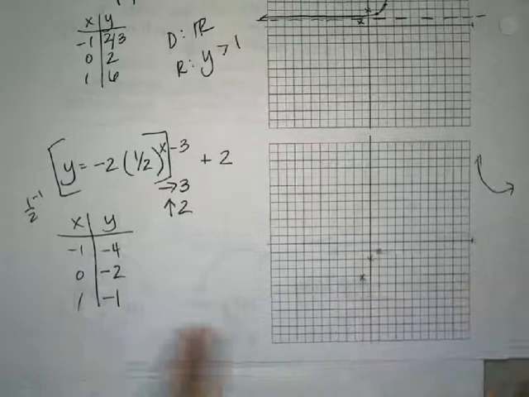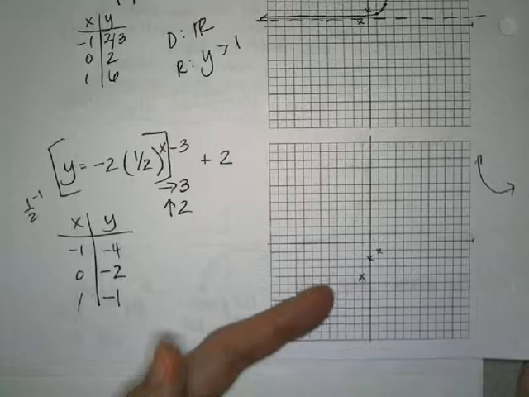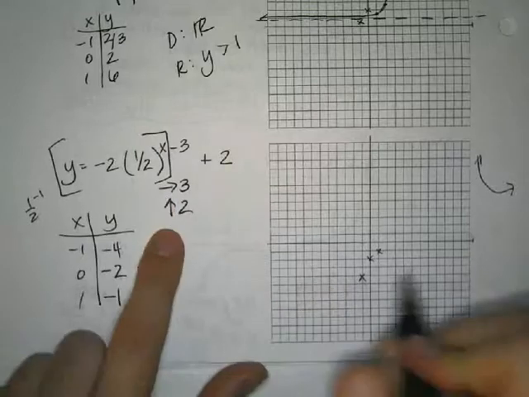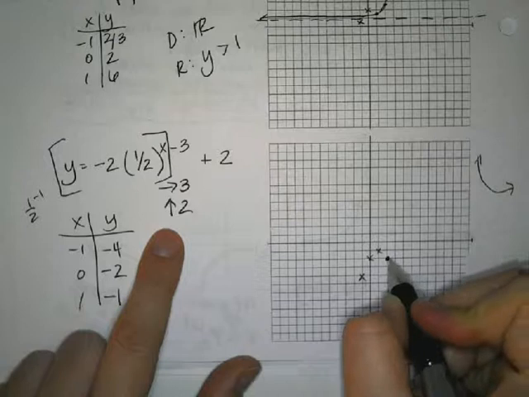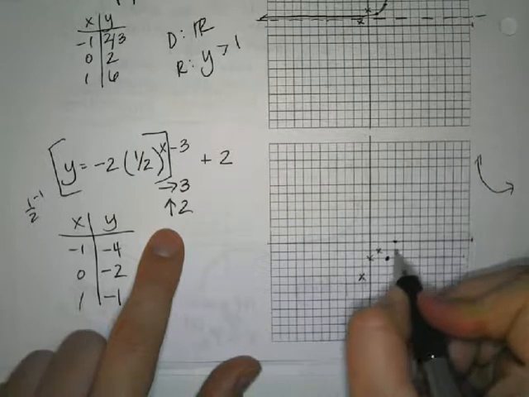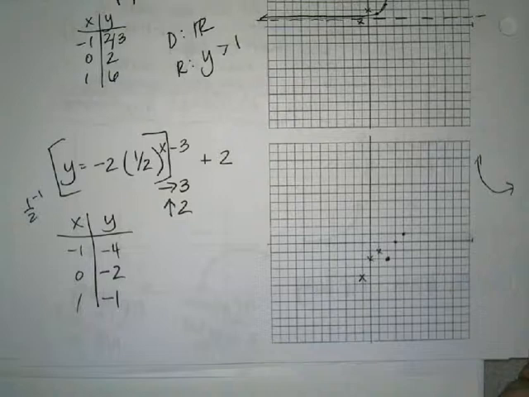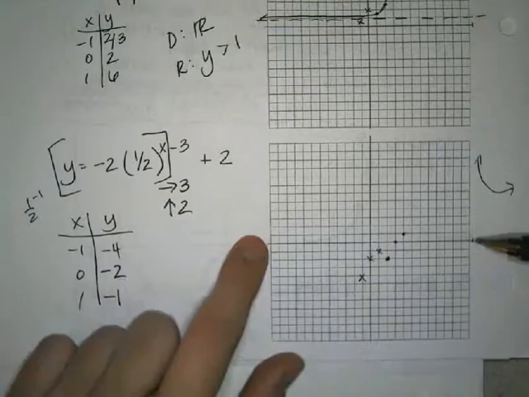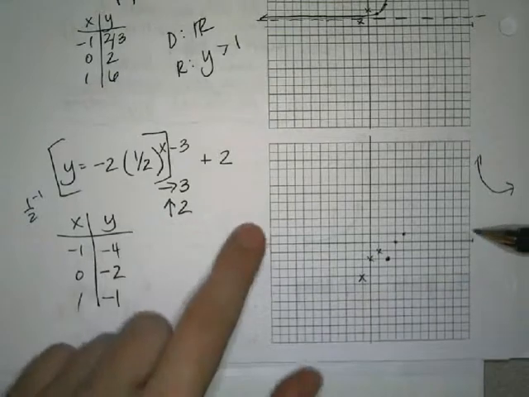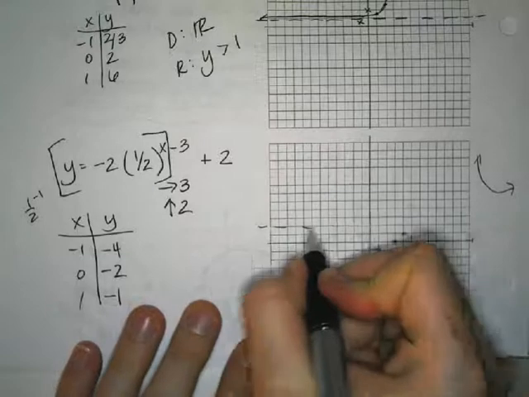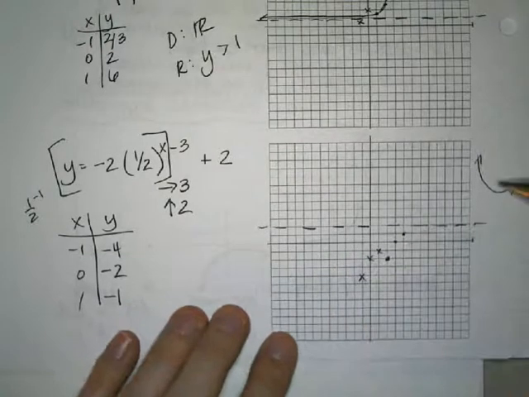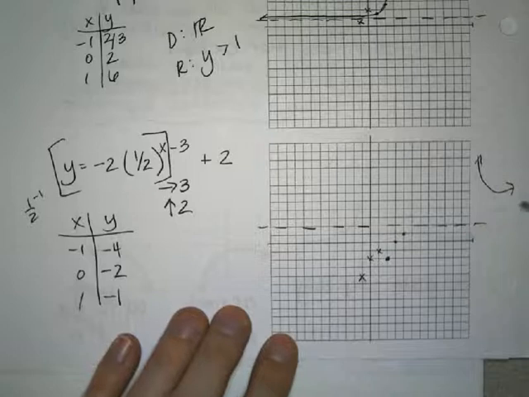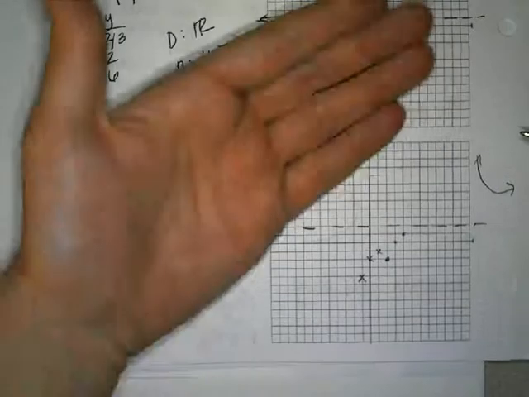And then I'm going to take all 3 of those points there, and I'm going to shift them right 3 and up 2. And then the asymptote, again, was at the x-axis, but since I shifted up 2, that also shifted up 2. So before I draw my curve, I'm going to draw on the asymptote. Now keep in mind that this is the normal shape of an exponential decay, but it has now flipped.